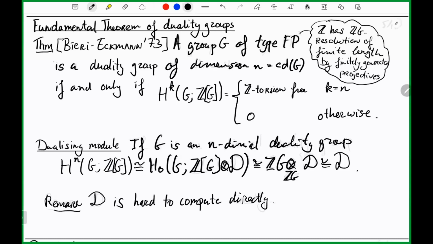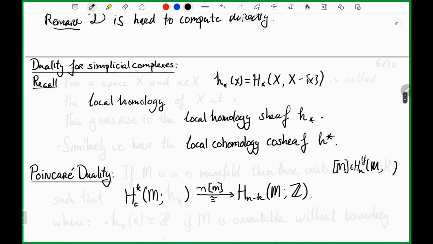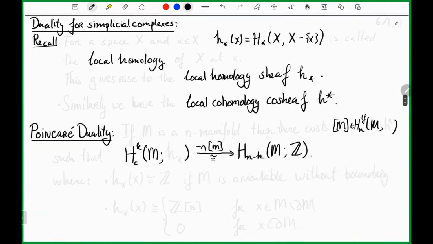But those require pretty hefty proofs, and just computing this directly is not something we do.